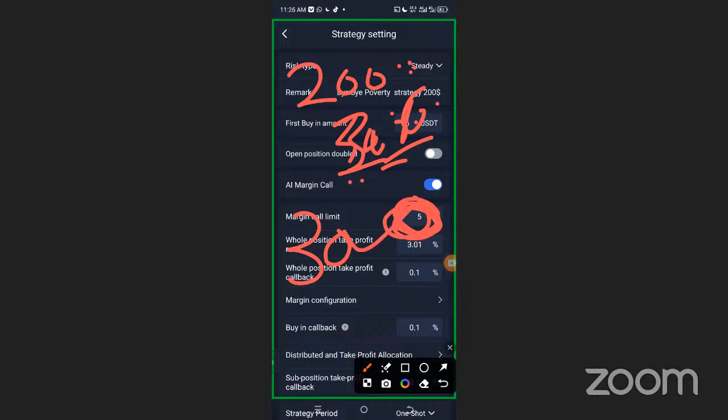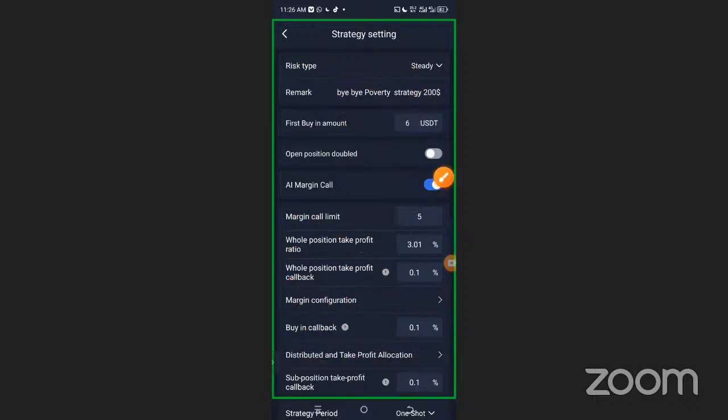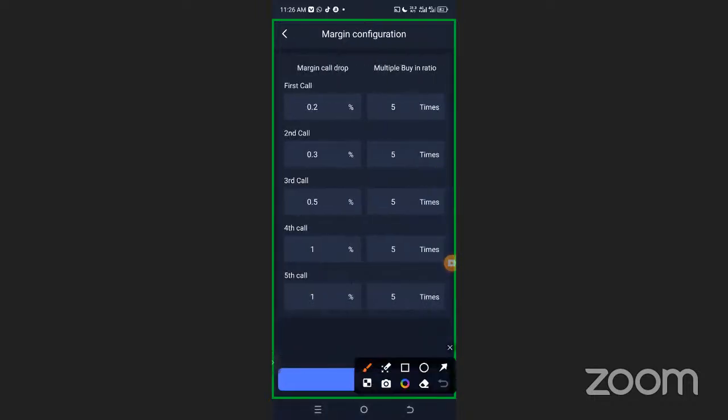What was our remaining balance? The remaining balance was $200 minus $30 that went in the market at first, which is 170. It is this $170 that we are going to use for opening up margin calls. That's why we change from 30 so that we can count our margin calls very well.